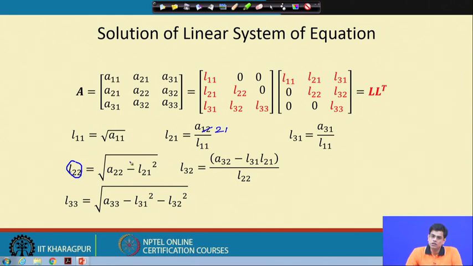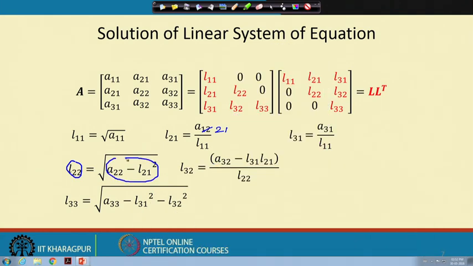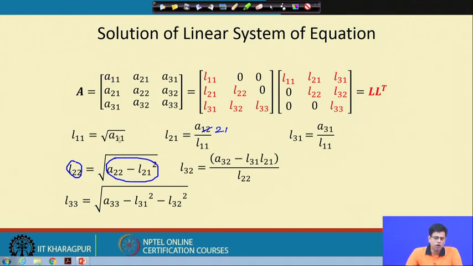So, the Cholesky decomposition will fail if these quantities come out negative, for instance, if the first element A11 is negative.